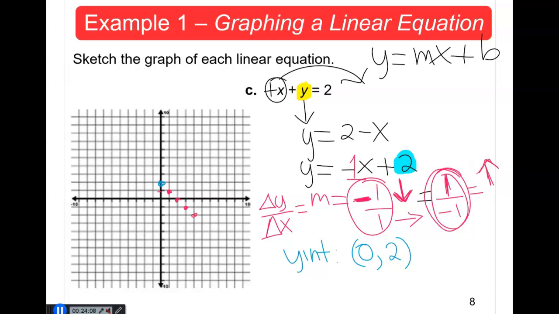And since the denominator is negative, the run is going to be to the left, just like the number line. So from the y-intercept, I'm going to go 1 unit up and 1 to the left. 1 unit up, 1 to the left, and as you can see, the points are going to be on the same line still.